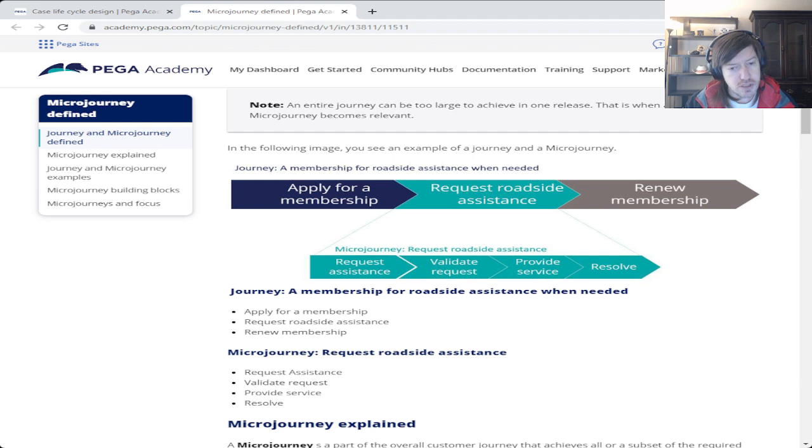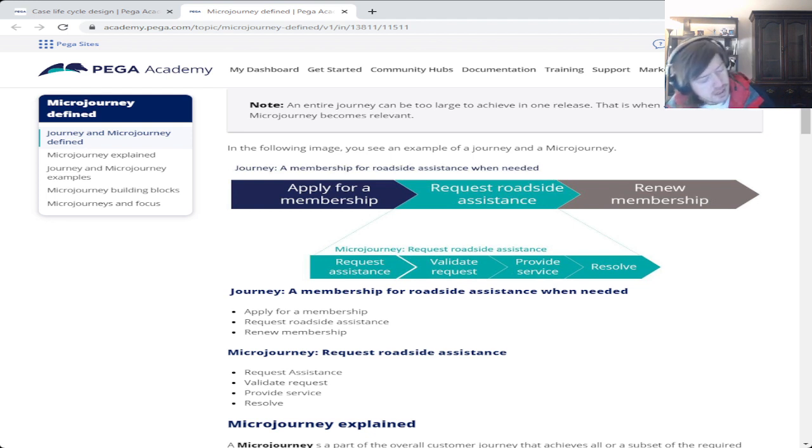Same as this microjourney down here, but this can also be a case type. So a journey is just another word for microjourney. It's all based off your viewpoint.